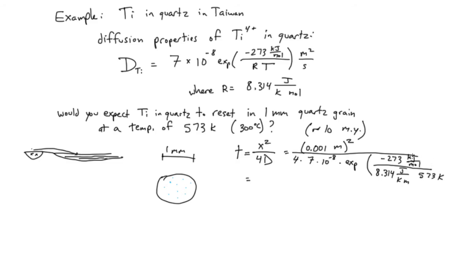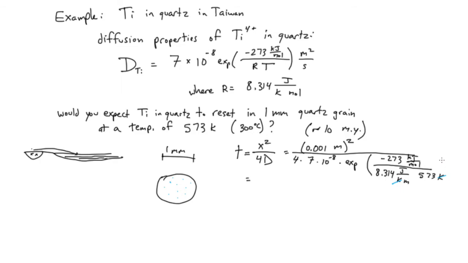And let's check the units here. So we have kilojoules and joules. Kelvins are going to cancel. There's 1,000 joules in 1 kilojoule, right?